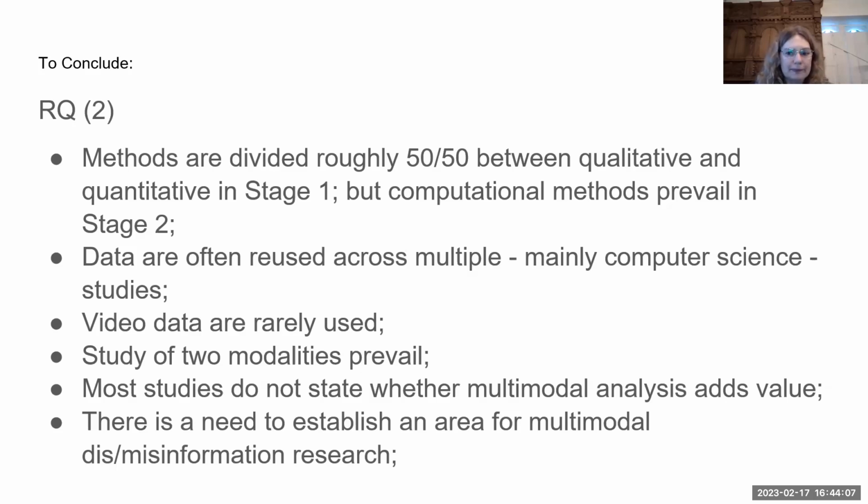Data are often reused across multiple, mainly computer science studies. Over half of the quantitative papers used publicly available data sets in their analysis, whereas the qualitative and mixed method papers all collected data specific to their proposed research questions. Also, video data are rarely used.